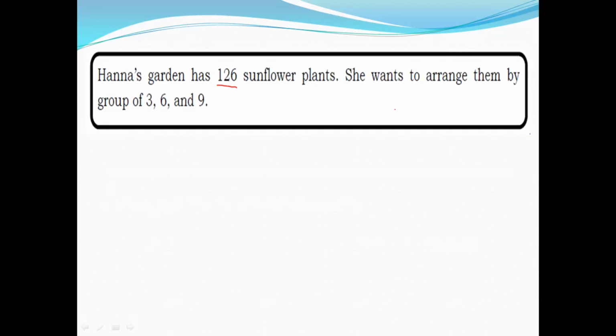At gusto daw niya itong i-arrange, hanay, ng nakagrupo ng tig-tatlo, tig-anim, at tig-siyam. Pwede kaya yon? So let us see if Hannah can arrange her sunflower plants into groups of 3, 6, and 9.